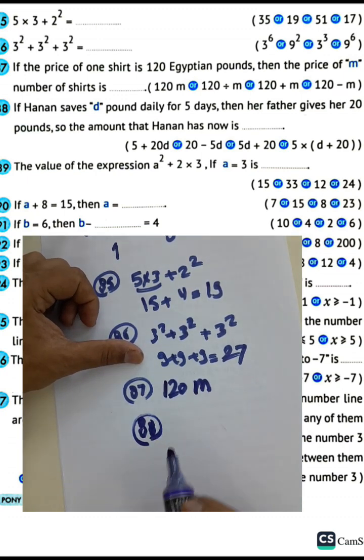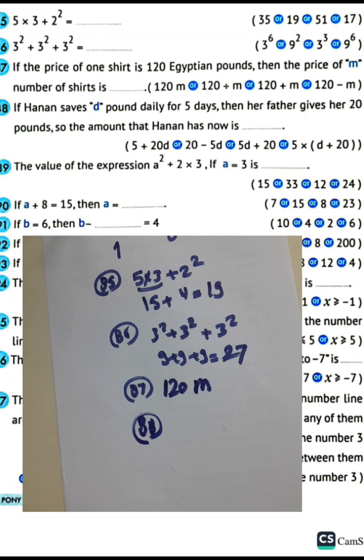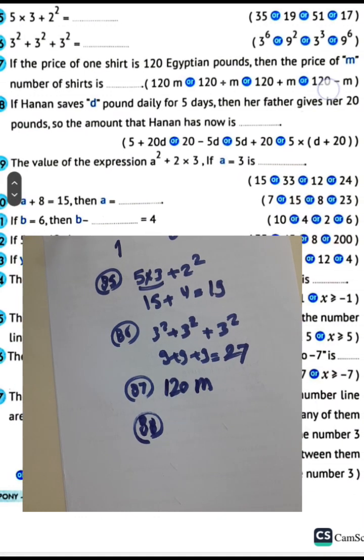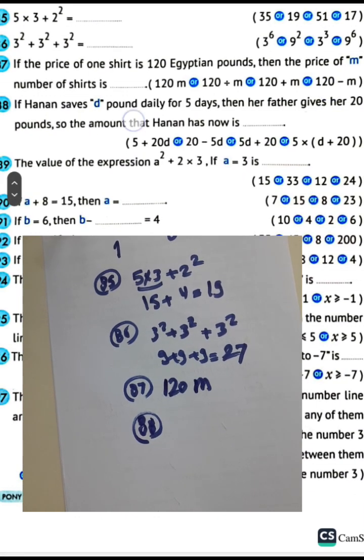Question 88. If Hanan saves D pounds daily for 5 days, then her father gives her 20 pounds. So how much does Hanan have now?